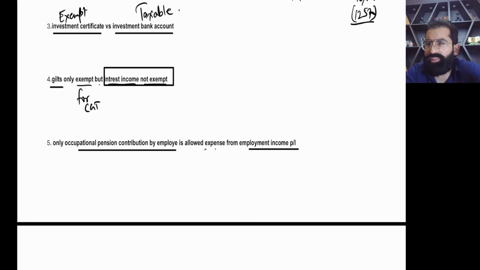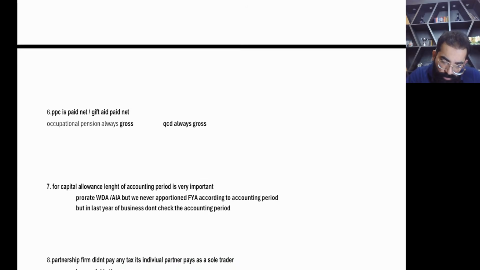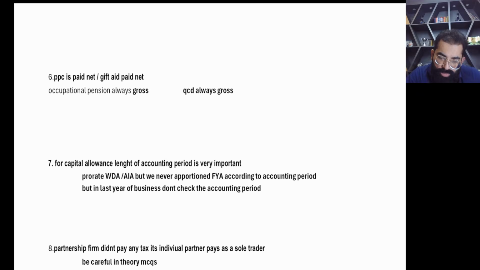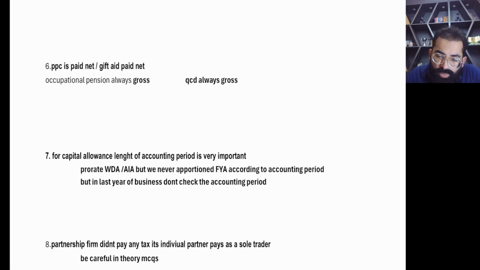Yes, there are band extensions and ANI reduction. There are a lot of things, but not an allowed expense. Be careful. There are a few things which are paid net, and a few which are gross. Personal pension contributions are paid net, and gift aid donations are paid net.